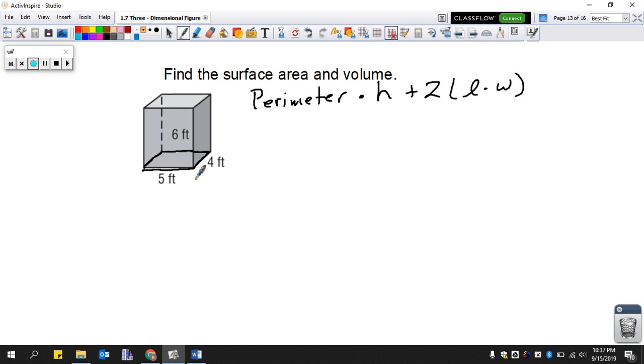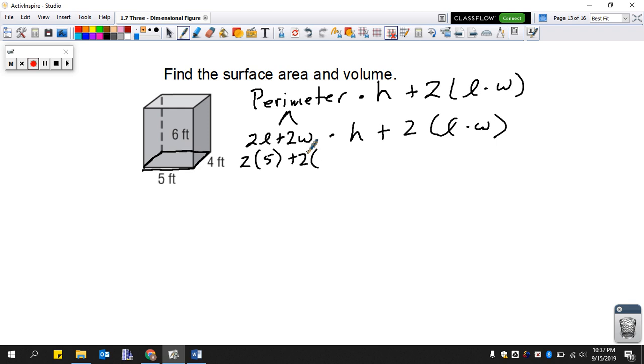Remember, perimeter is 2 times the length plus 2 times the width, times the height, plus 2 times length times width. So 2 times the length would be 2 times 5, plus 2 times the width, which is 4, times the height, plus 2 times the length, 5, times the width, 4.